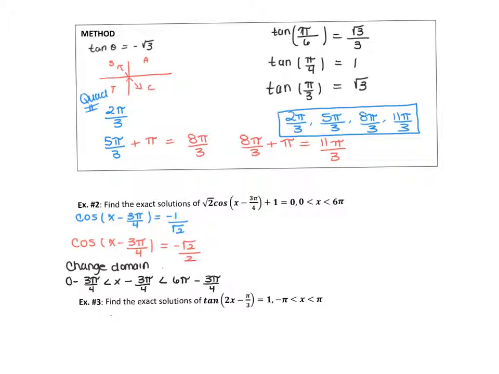So let's go ahead and simplify that new domain. You have negative 3 pi over 4 is less than x minus 3 pi divided by 4 is less than 21 pi over 4.